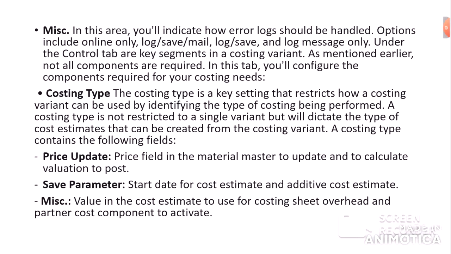The costing type is a key setting that restricts how a costing variant can be used by identifying the type of costing being performed. A costing type is not restricted to a single variant but will dictate the type of cost estimates that can be created from the costing variant. A costing type contains the following fields: price update, price field in the material master to update and to calculate valuation to post.